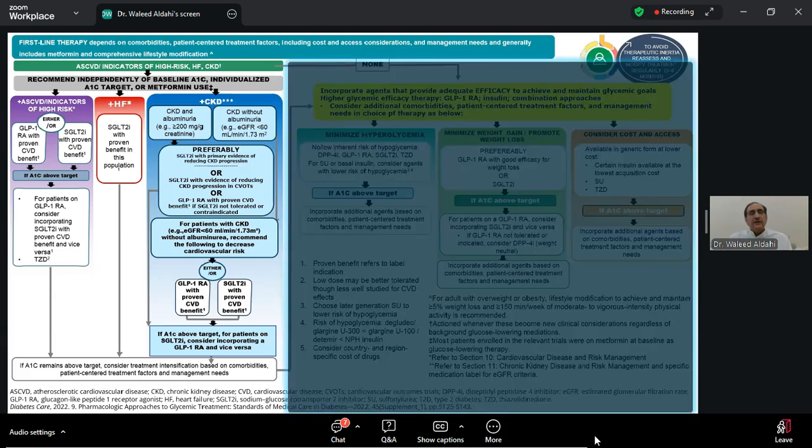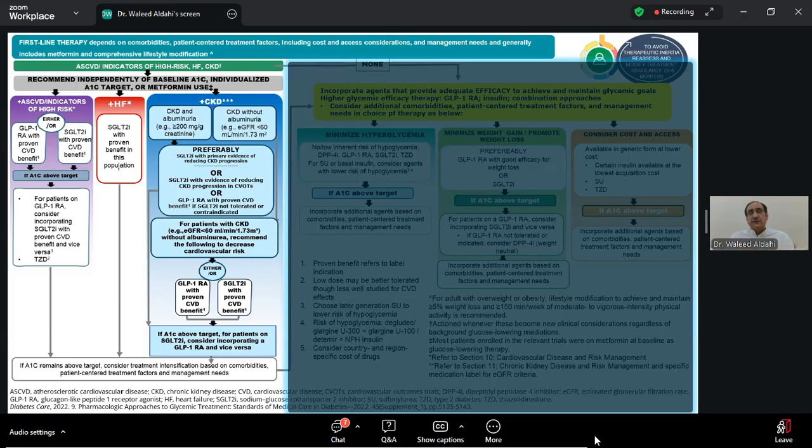So now the guidelines encourage us, when you see a patient in your clinic, not to treat him as a number of glucose. You have to look first, does he have CKD, heart failure, or atherosclerotic cardiovascular disease? So we will segregate the patient in our mind, not like before.